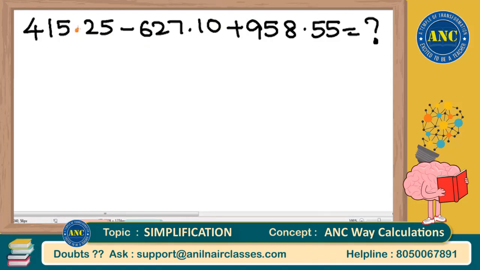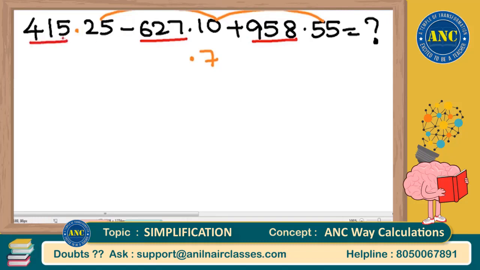So the best thing that can be done is to add the decimal parts initially. 0.25 minus 0.10 is 0.15. 0.15 plus 0.55 is 0.7. Now I got 0.7. What am I left with? The whole number part, which is 958 minus 627 plus 415.